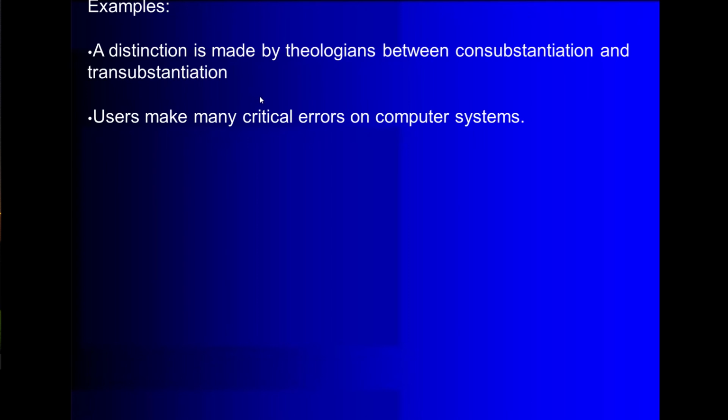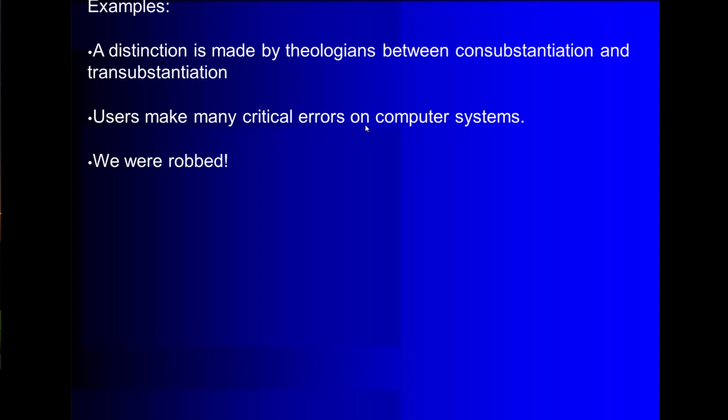Users make many critical errors on computer systems, active or passive? Active, because users make the errors, right? And that's fine. If you said many critical errors on computer systems were made by users, that would be passive. And you could actually leave out the by users at the end, just like the dog in the earlier example.